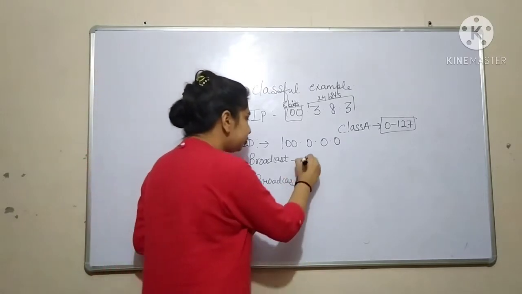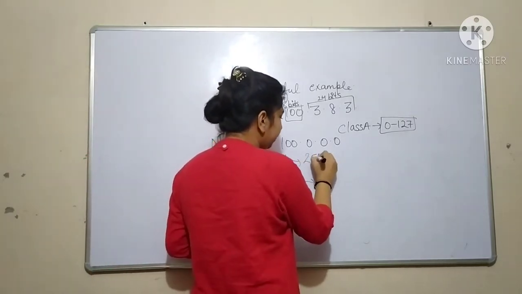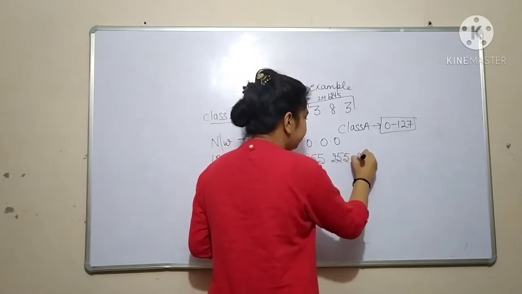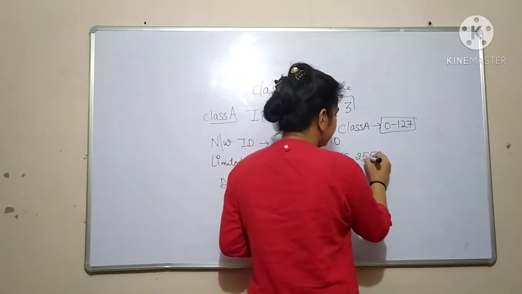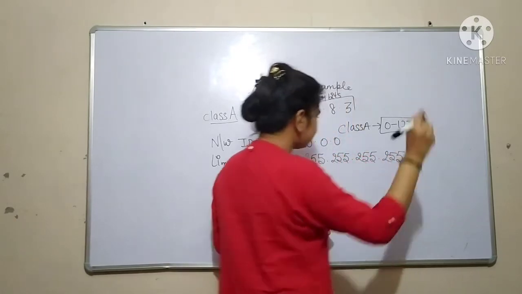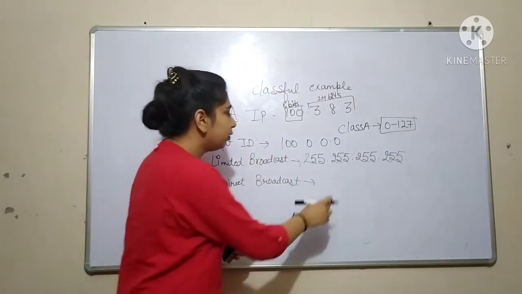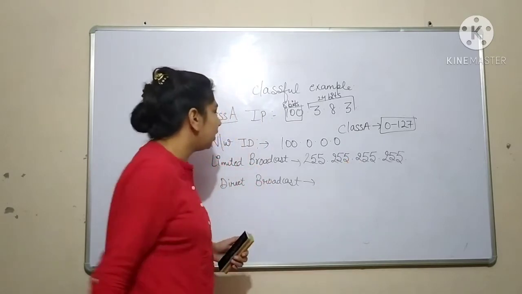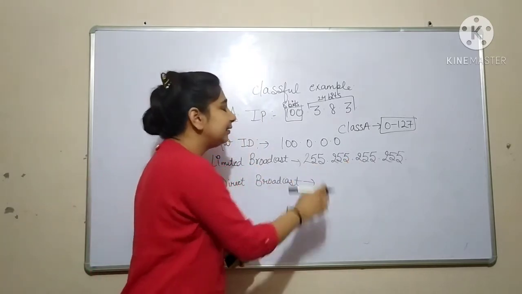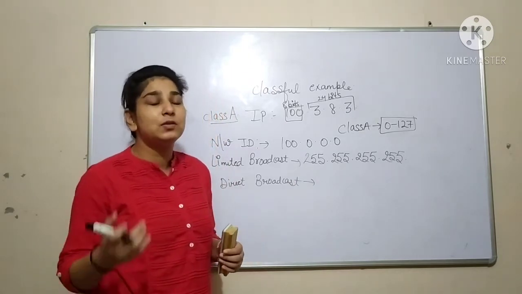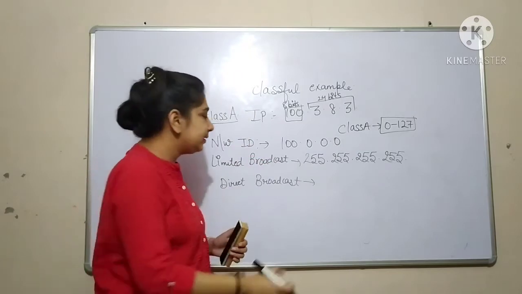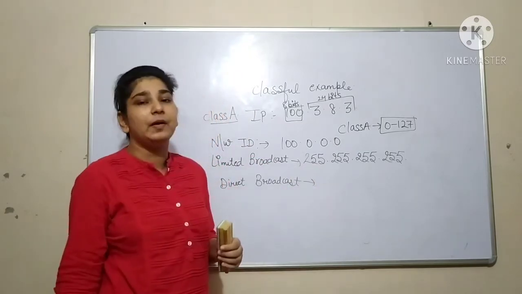So what is going to be 255.255.255.255. Okay, so this is going to be the limited broadcast address. And limited broadcast address is going to be the same for all of the IP addresses. It is the same for any IP address.